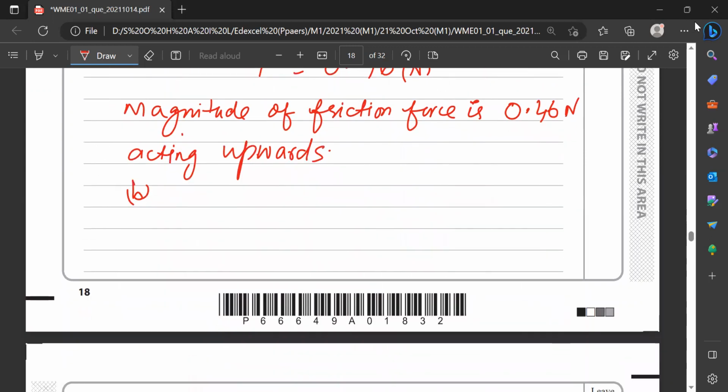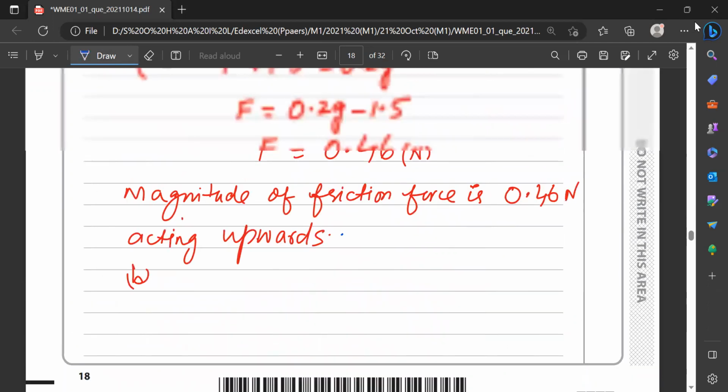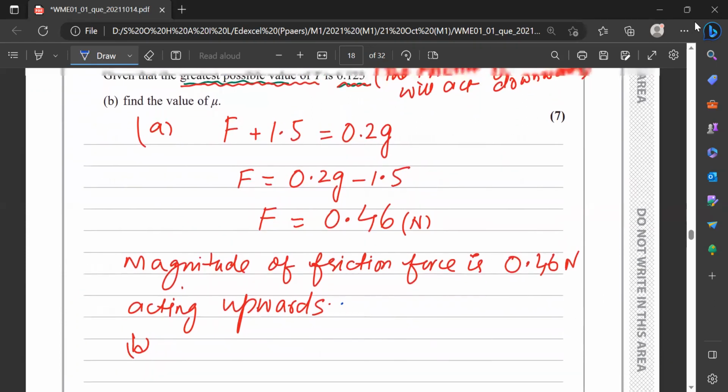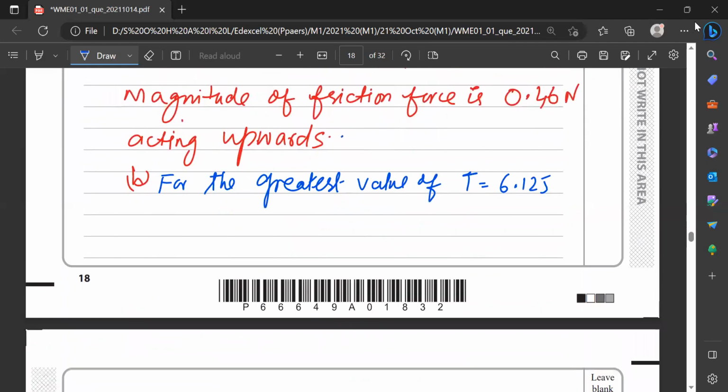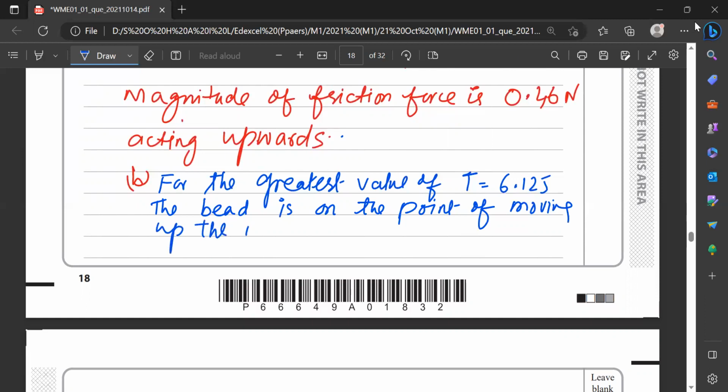And I can write a statement over here: for the greatest value of T, which is 6.125, the bead is on the point of moving or sliding up the wire.